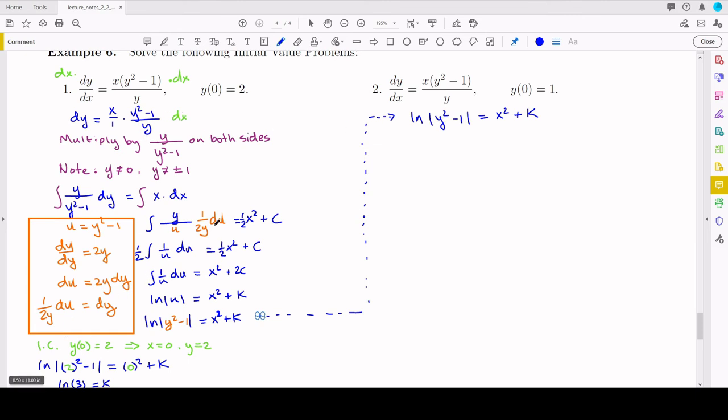Okay, and now we're going to use our initial condition. Our initial condition is that y of 0 equals 1. So that means x equals 0 and y equals 1. Now let's plug that into our solution. So we have ln of the absolute value of 1 squared minus 1 equals 0 squared plus k.